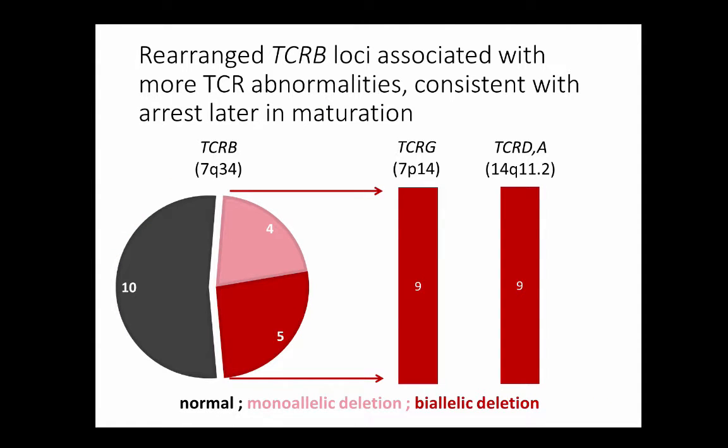And so if we look at the inverse, looking at the TCR beta locus and looking at samples in which we had either biallelic or monoallelic losses, indicating that TCR beta is beginning to be rearranged, and again look at the copy number state at those other earlier chain rearrangements, we can see a lot of rearrangements have occurred at these other chains, because in order to get to the TCR beta stage, it had to go through these earlier stages. So this is consistent with arrest later in maturation.